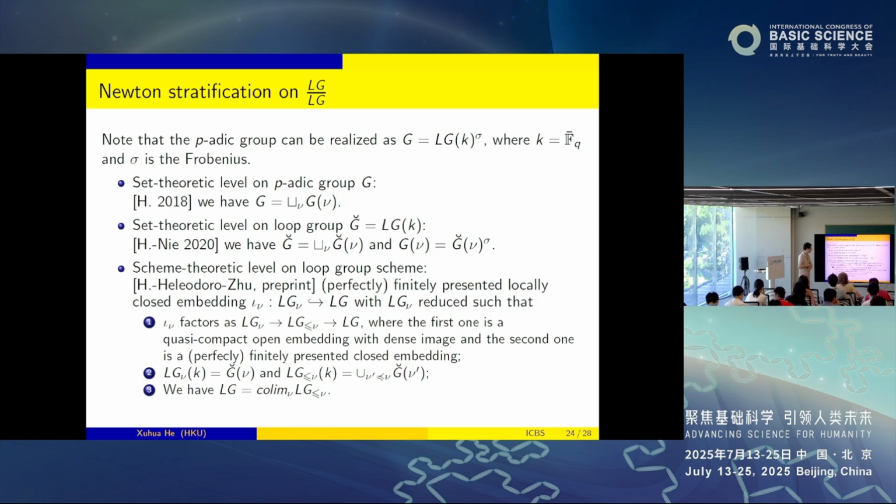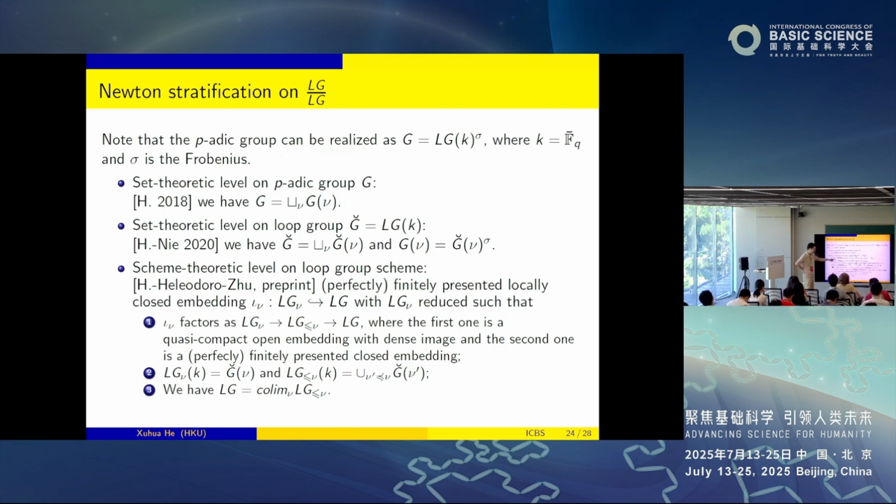We have the set-theoretic Newton decomposition for the p-adic groups, and we have already seen that it has many applications to the affine Hecke algebras and to the representations of the p-adic groups. Later, joint with Nie, we have the set-theoretic interpretation for the loop groups. But now consider this as the intermediate step, and the final version is the scheme-theoretic level for the loop groups.